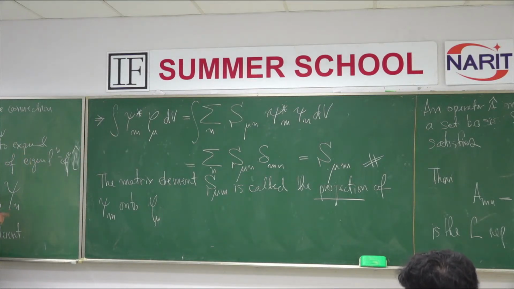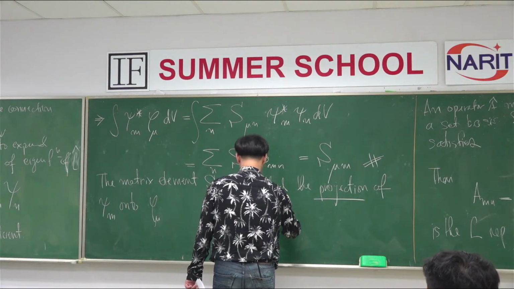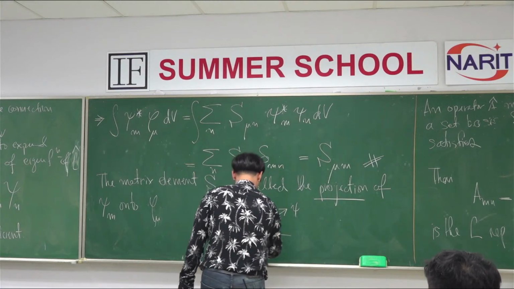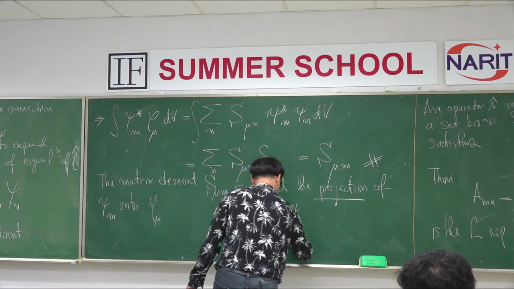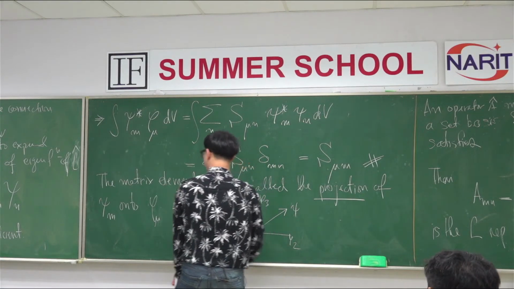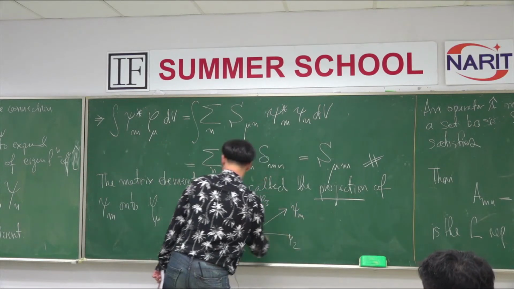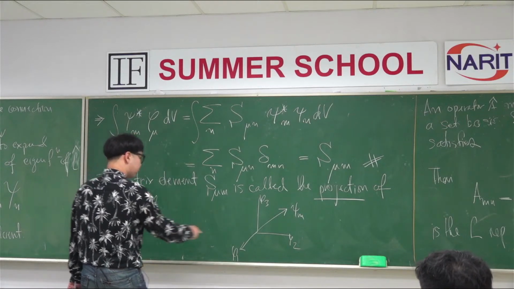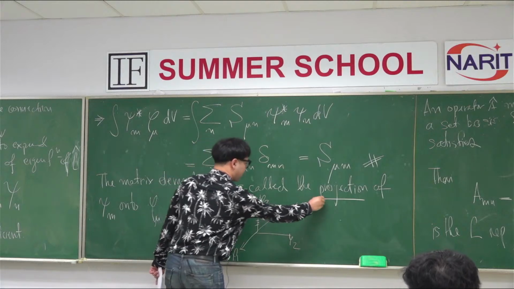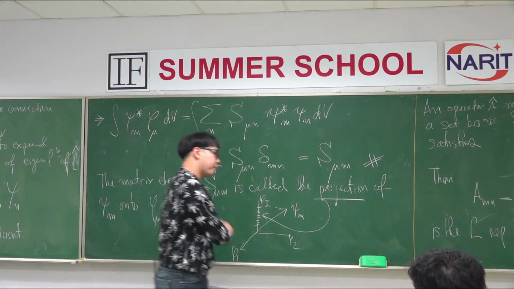So you get phi 1, phi 2, phi 3, and suppose this is phi mu. Then this is the way that I call projection here. Make it simple like that.